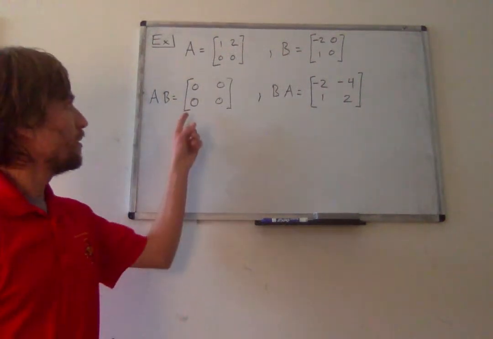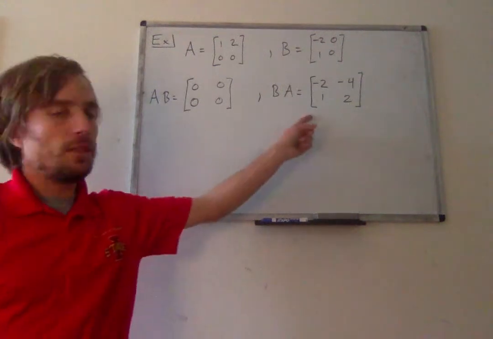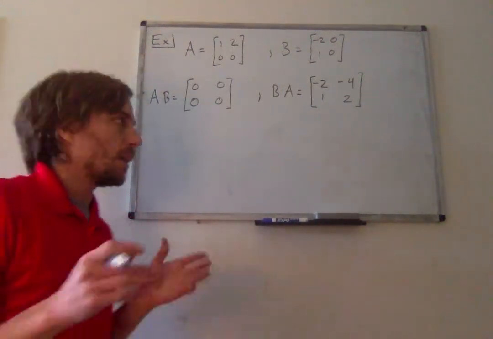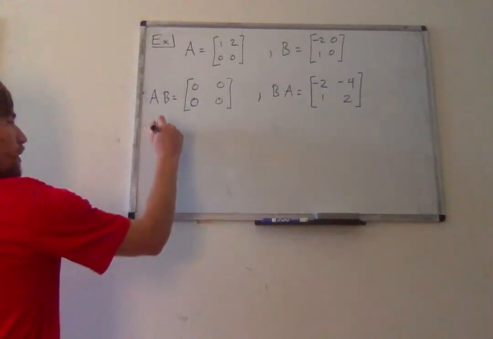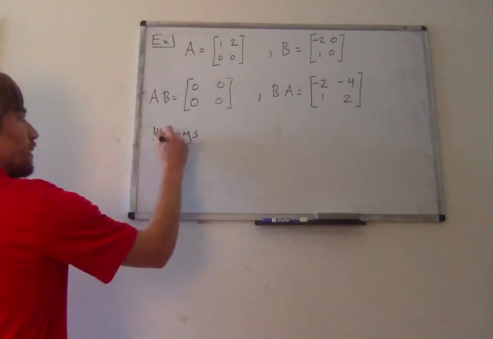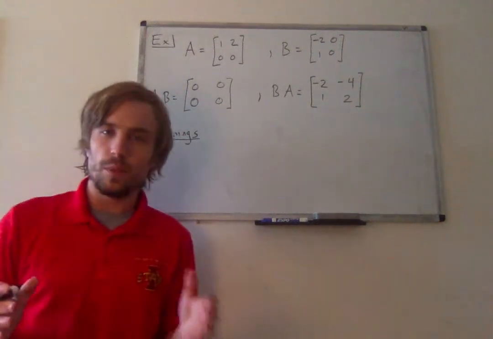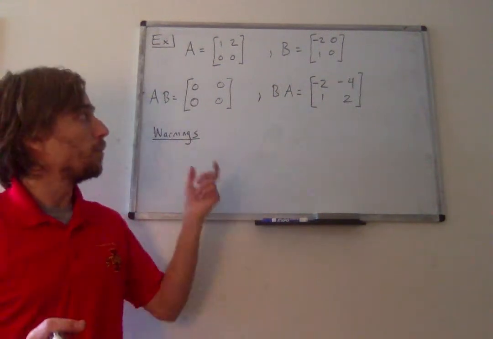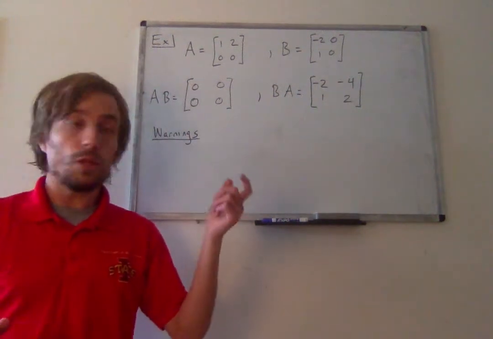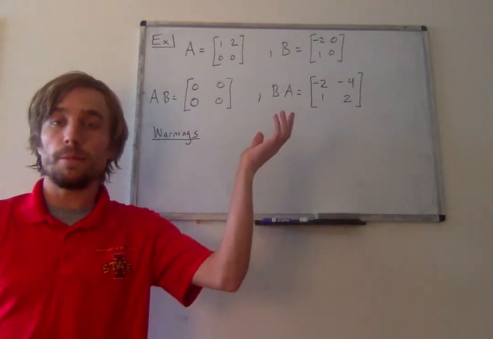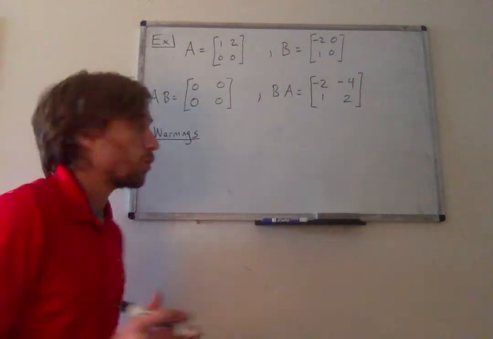So notice A times B is not equal to B times A. And this is actually one of the really interesting and cool things, because this is one of the only operations that we see in math that actually exhibits this property, that it is not commutative. Sometimes you do get matrices that commute, so sometimes you do get matrices such that A times B is equal to B times A, but in general it is not true.